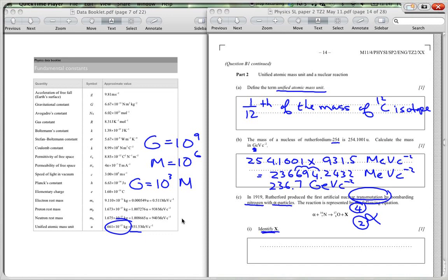So we need to identify X. If I write it out over here again, I've got He-4-2 plus N-14-7 goes to oxygen-17-8 plus X. What happens here is that you just look at your number of protons firstly. You've got 2 and 7 is 9, but here you've only got 8, so you must have 1 there. It's just a matter of balancing both sides.